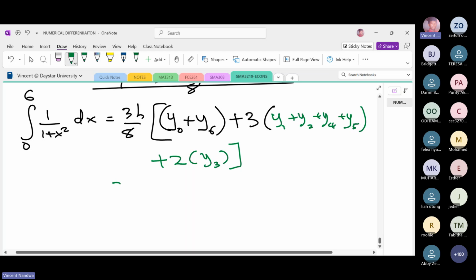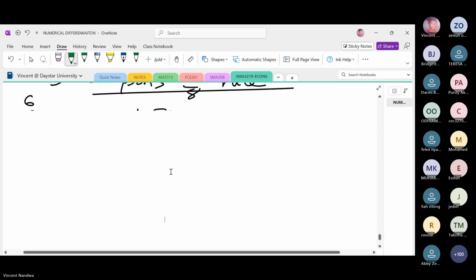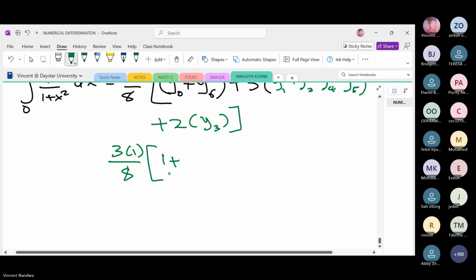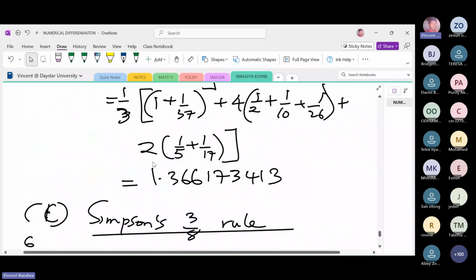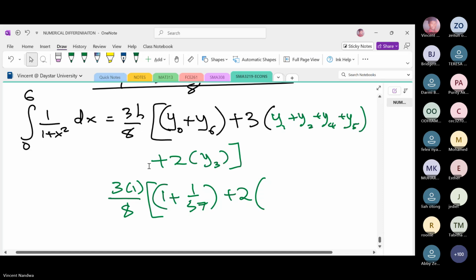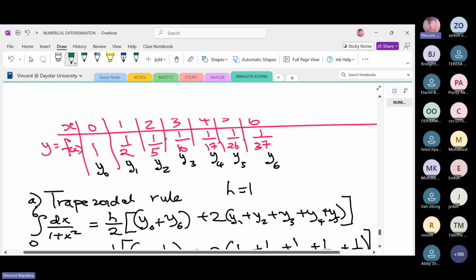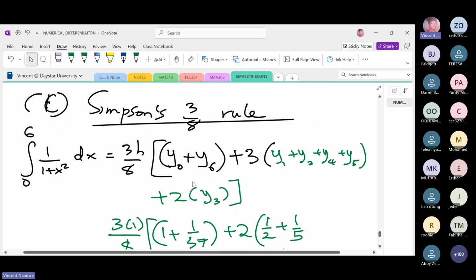So this will be 3 times 1 over 8 into 1 plus 1 over 37, plus 2 into a half plus a fifth, then y4, 1 over 17, y5, 1 over 26.